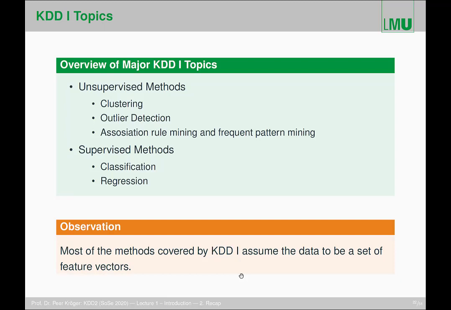We just have the data, and we want to come up with some patterns that have not been found so far. The three typical sub-methods of unsupervised learning are clustering, outlier detection, and association rule mining, or more generally frequent pattern mining. We will have a closer look at all three later on.